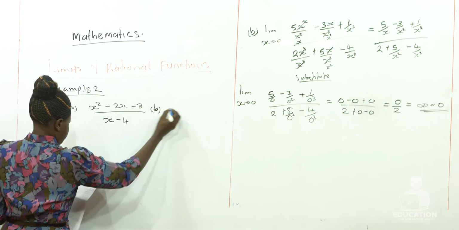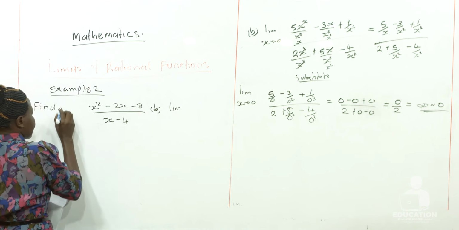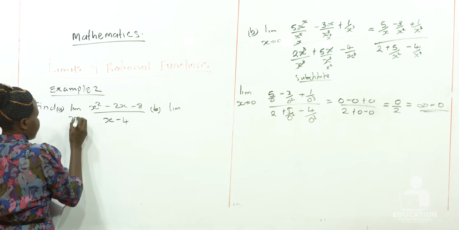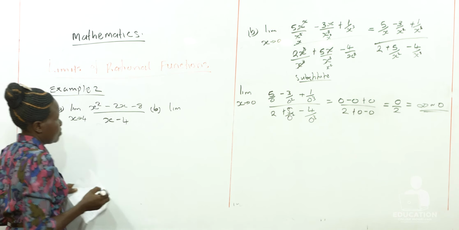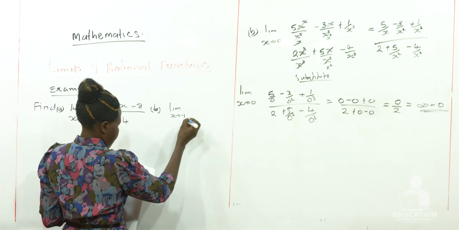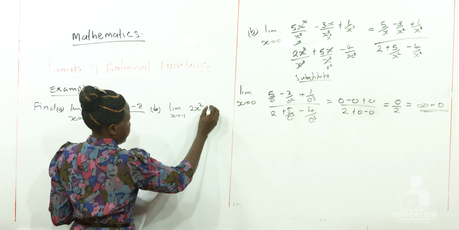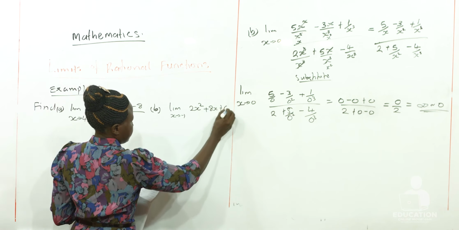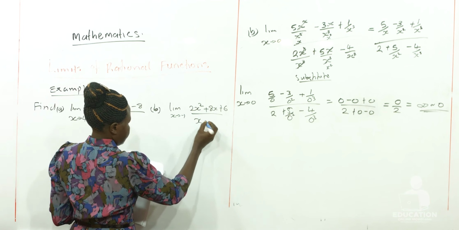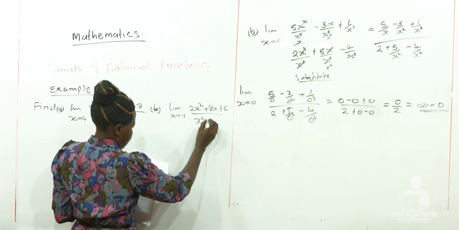And then B, the limit as x is approaching to negative 1 of 2x squared plus 8x plus 6 out of x squared plus 1.